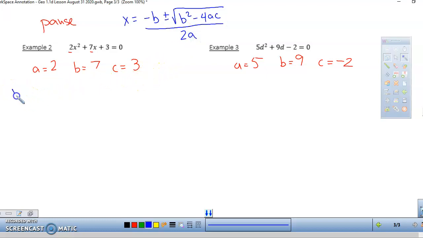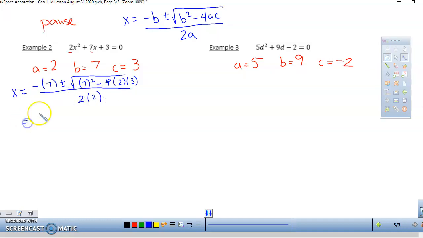Okay, so plugging those in, -b plus or minus the square root of b squared minus 4ac, all of that over 2a. Okay, again, you can use the calculator if you need to, but 7 times 7 is 49, minus 4 times 2 is 8, times 3 is 24, all of that over 4.